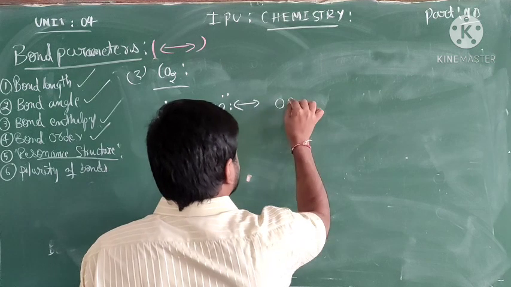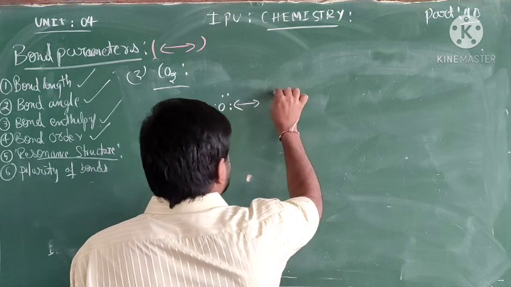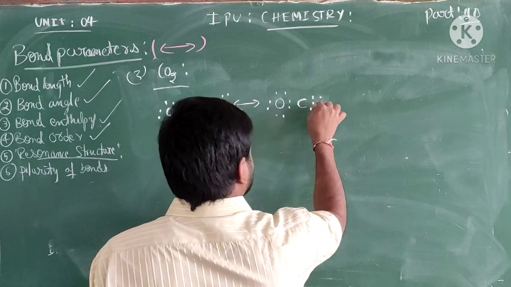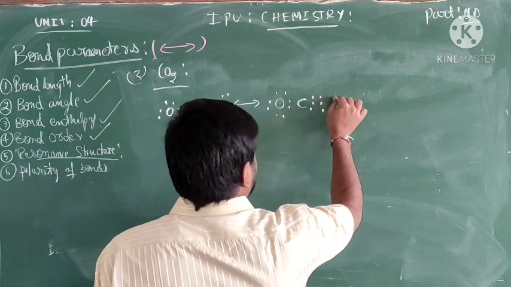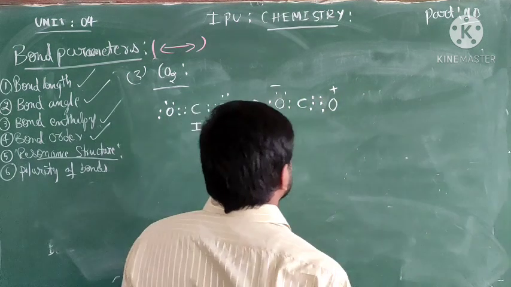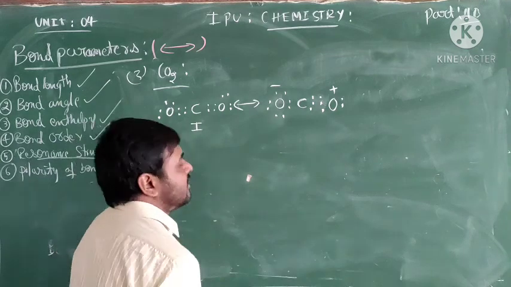Say oxygen 1, 2, 3, 4, 5, 6, 7, 8. Carbon 1, 2, 3, 4, 5, 6, 7, 8. And oxygen 7 plus, this is minus, remaining.